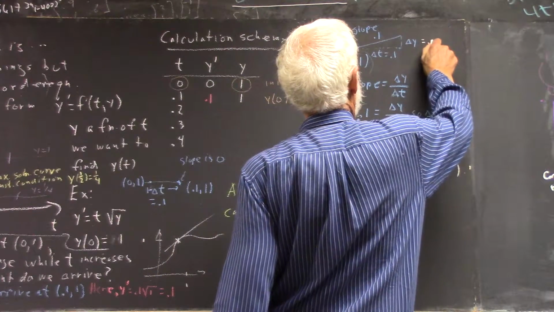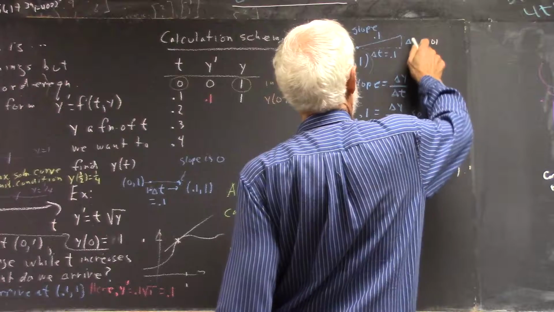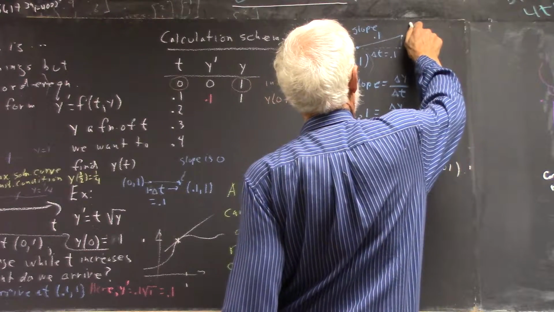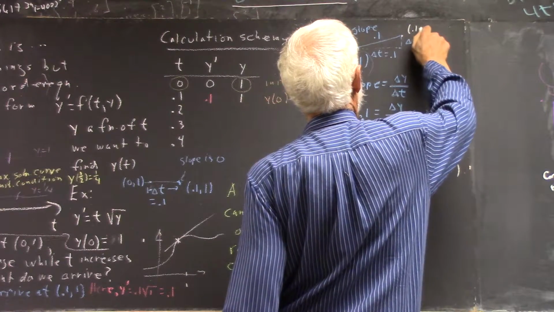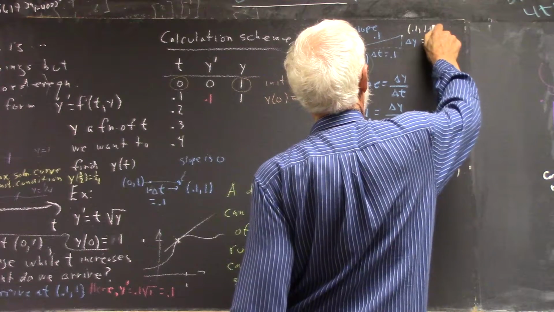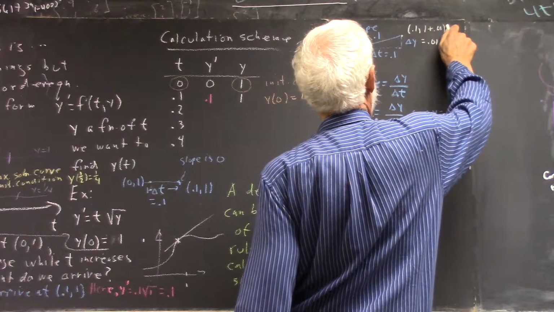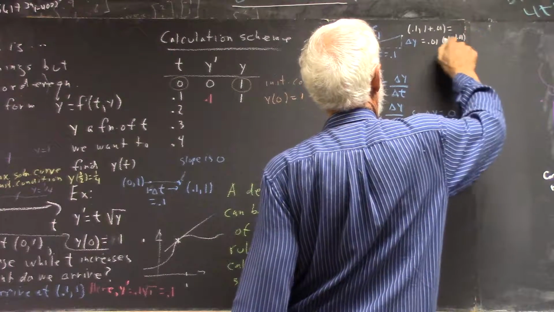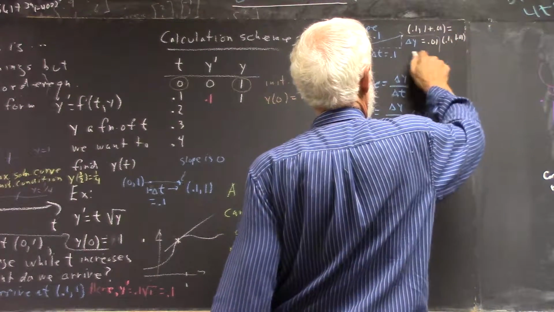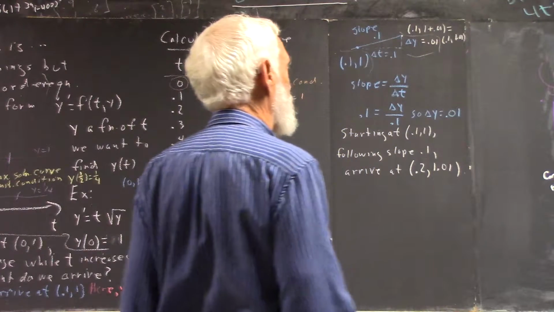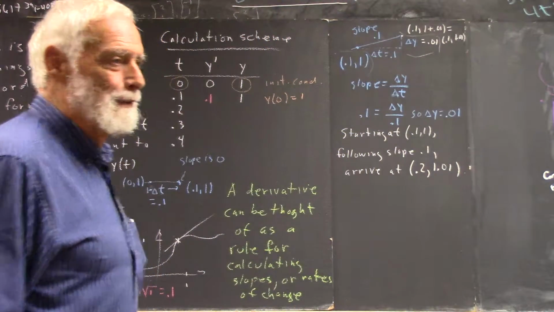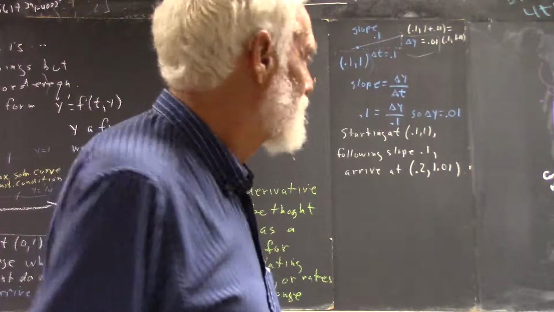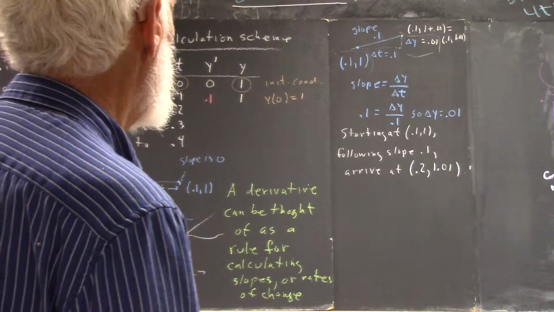The delta y now we see is 0.01. So this point is (0.2, 1.01), and as usual, I didn't leave myself enough room because I never know what I'm going to write until I see what you understand. But I could do better, so I can try. Does that make sense?